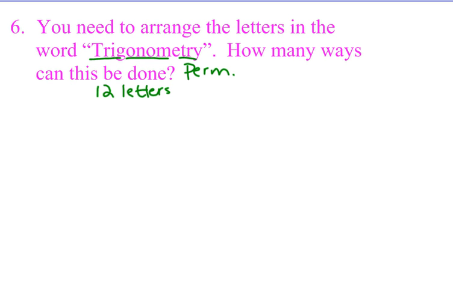I have the letter R that repeats twice. So I have repeats. I'm going to mark these down. R, there's 2 of them. So 2 R's. And I have T. So 2 T's. And then I also have 2 O's.